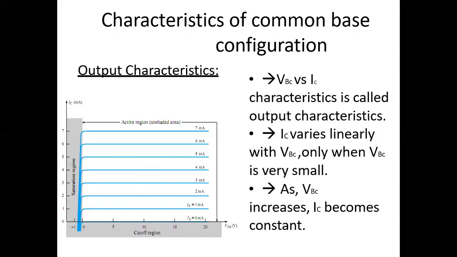The base-collector connection is the output circuit, and in the output characteristics curve, if we increase the base-collector voltage, then IC becomes constant.